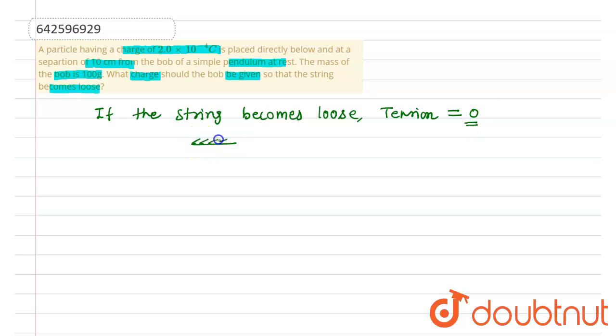Consider this is the bob of the pendulum which is at rest, and consider if we give it q charge, then the tension T in this string should be 0, and there is a particle having charge Q which is 10 centimeter below it. The mass of the bob is given, so the gravity force is in the downward direction, and the electrostatic force due to this charge will be in the upward direction.